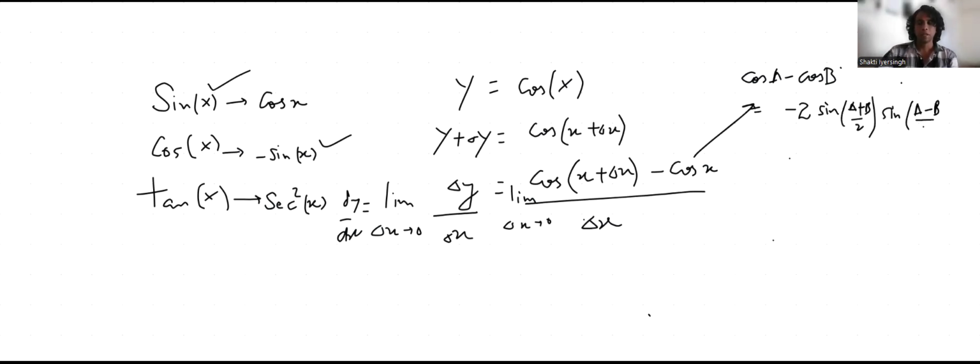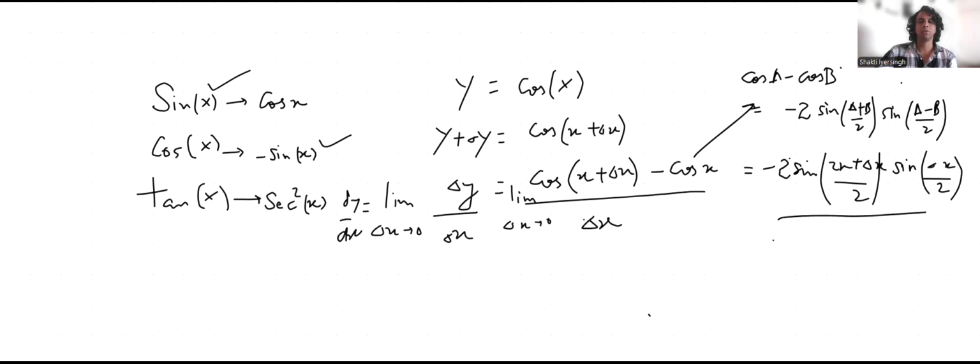Right? Now we apply this here. So this becomes minus 2 sine 2x plus delta x upon 2 times sine of delta x upon 2 over delta x, limit delta x tending to 0.